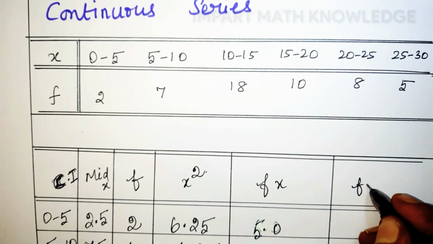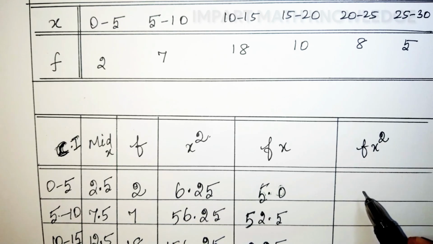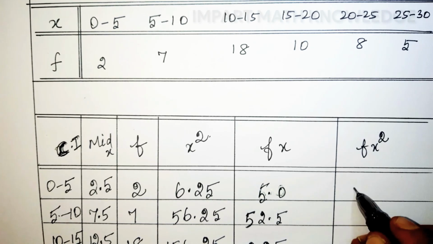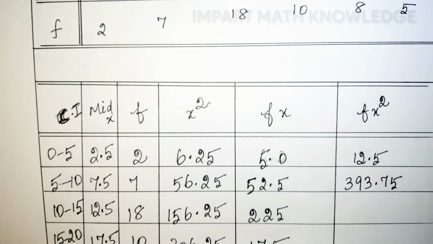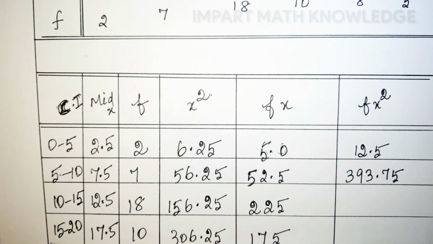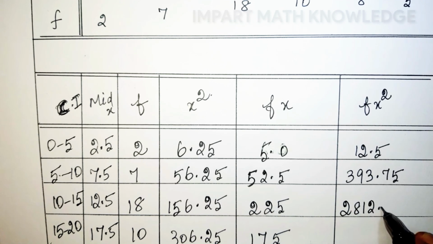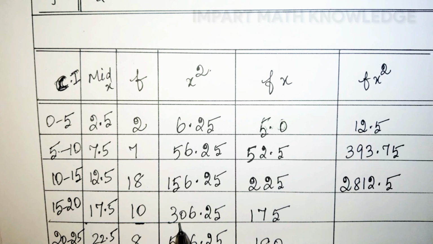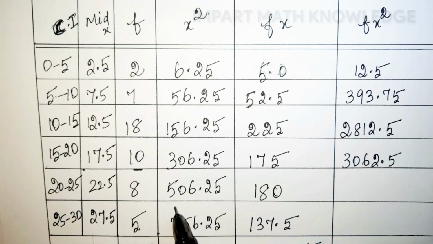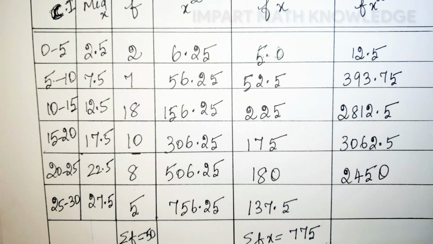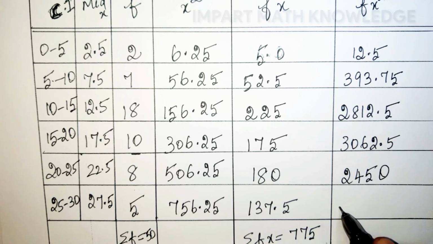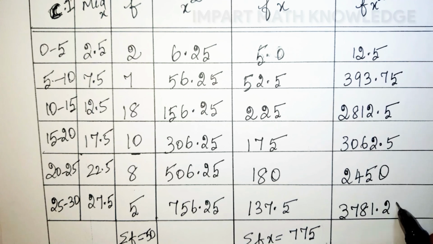Next, multiply f with x square. 2 into 6.25 is equal to 12.5. 7 into 56.25 is equal to 393.75. 18 into 156.25 is 2812.5. 10 into 306.25 is 3062.5. 8 into 506.25 is 2450. 5 into 756.25 is 3781.25.